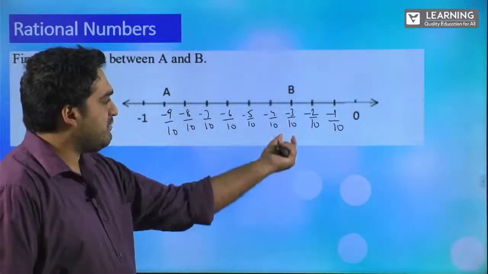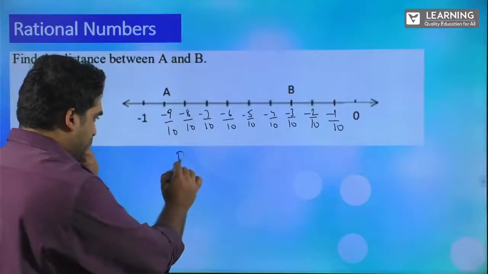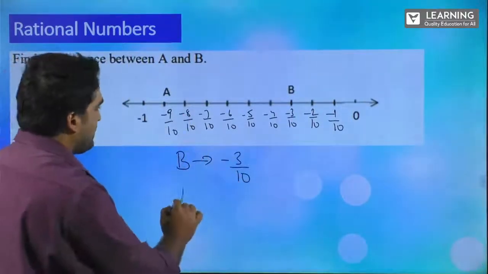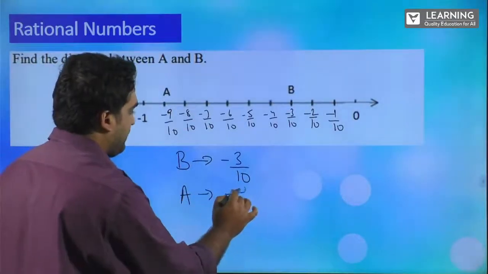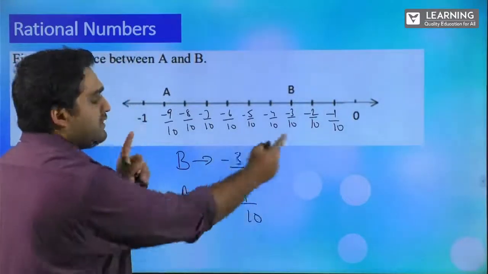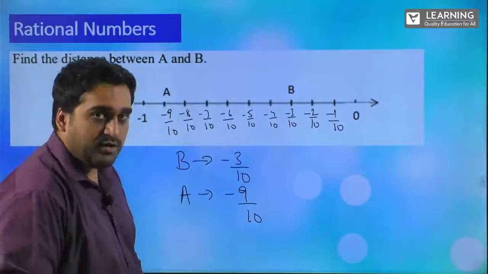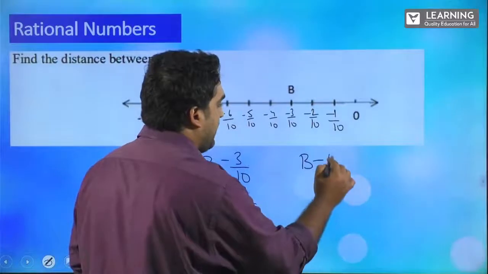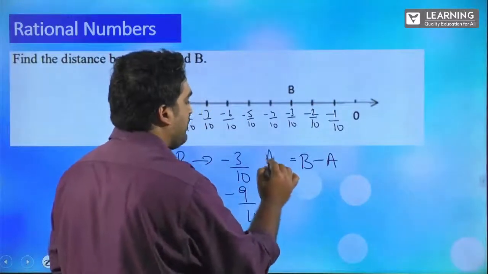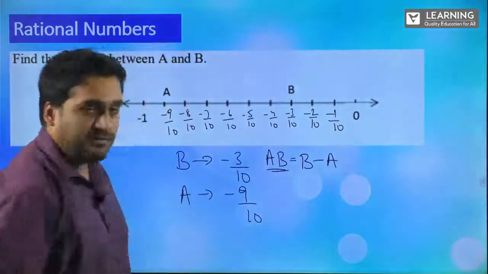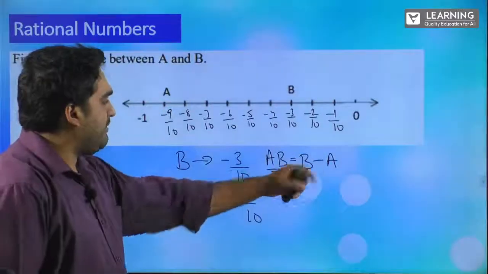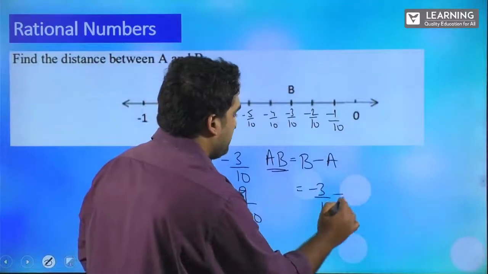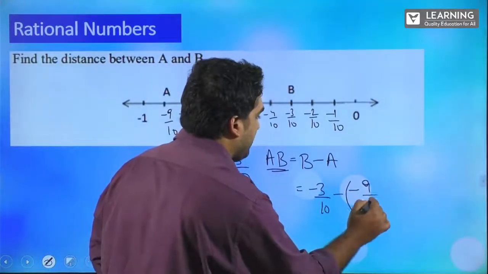Now that we have all the parts, determine the location of B. B's location is -3 by 10. A's location is -9 by 10. To find the distance between the two, you need to subtract one from the other. So let us subtract, that is B minus A, to identify the distance AB. B minus A, B is -3 by 10 minus of -9 by 10.